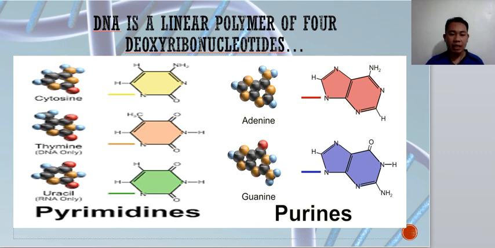Again, I will reiterate: in the DNA, each base is chemically linked to one molecule of the sugar, forming a nucleoside. Once phosphate is attached to the sugar, the nucleoside becomes a nucleotide.